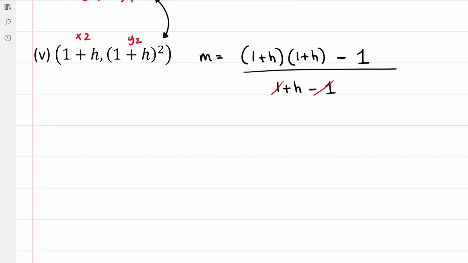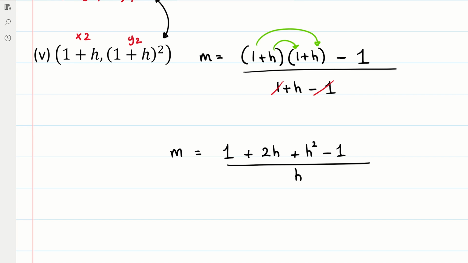I'm then going to multiply the two brackets. And I've got 1 times 1 is 1. And then I've got 1 times h is h, 1 times h is h, plus h is 2h. And then h times h is h squared, minus 1 over h. Again, I hope you can see that 1 take away 1 is 0.